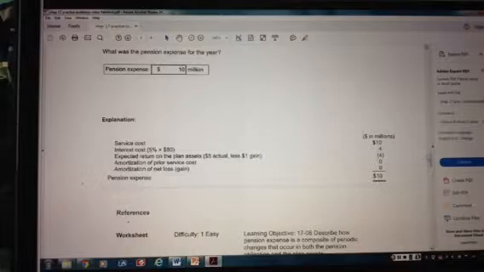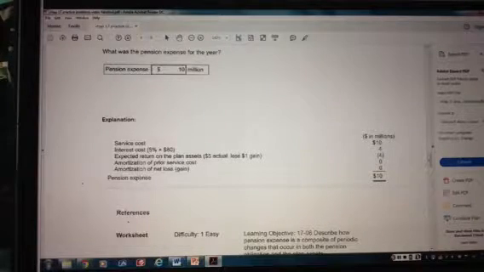Now, notice that they gave us both the actual return and the expected return. We need to get the actual return for the plan assets, but for pension expense, we use the expected return. The expected return was given to us at $4 million. That's a decrease to pension expense.